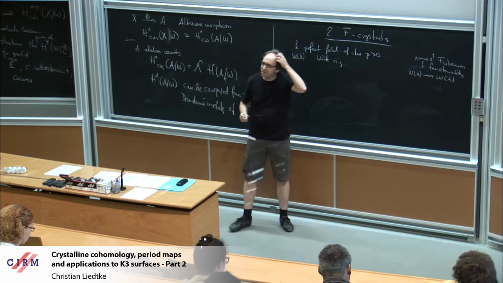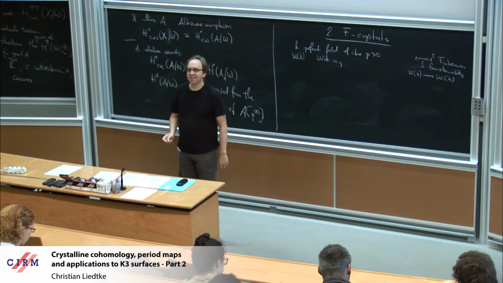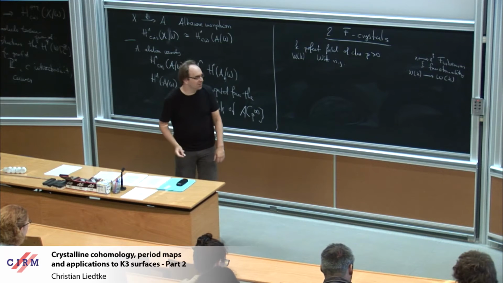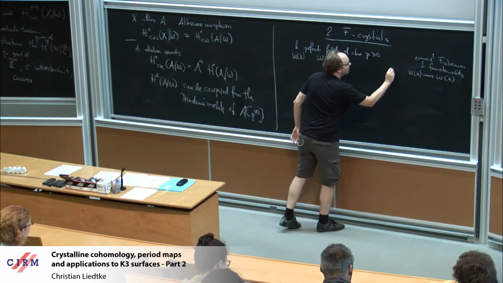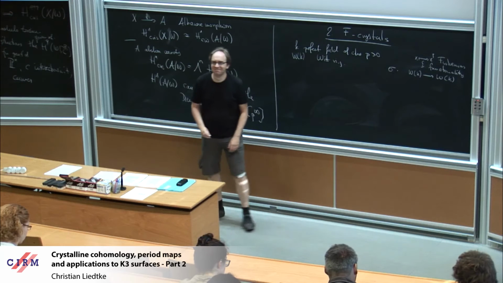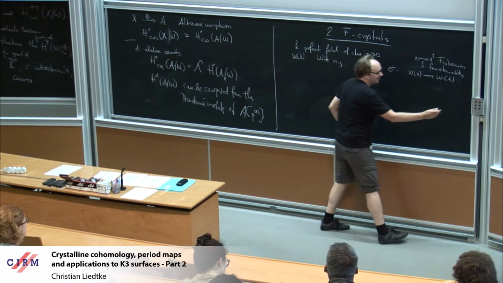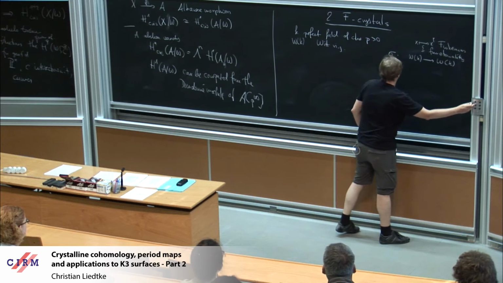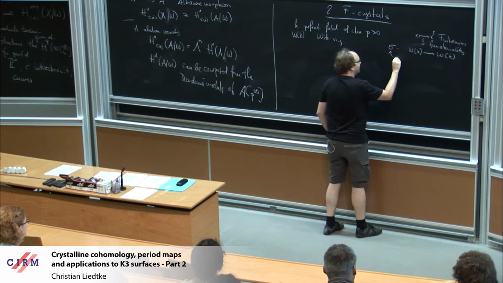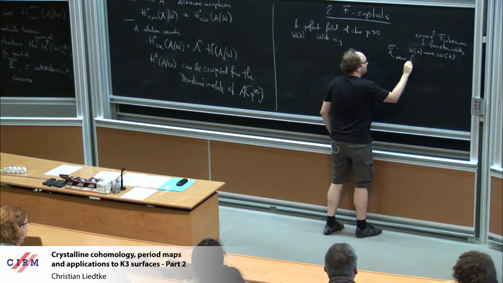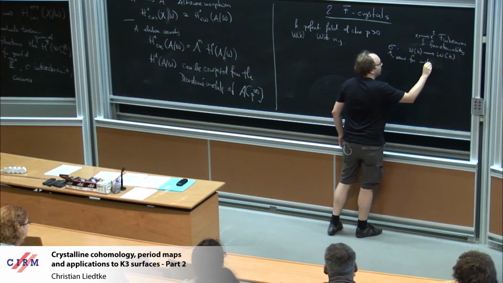The problem is there are too many F's around in algebraic geometry, so it's customary to call that Frobenius sigma. I will use that notation now. So this is the name for the induced Frobenius.